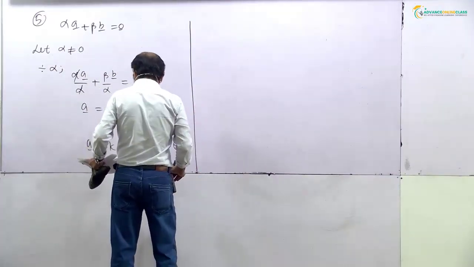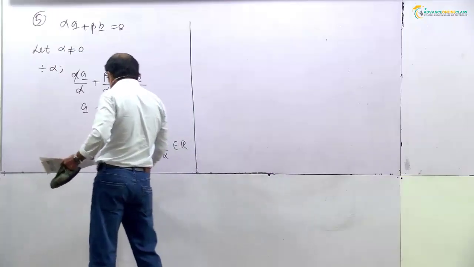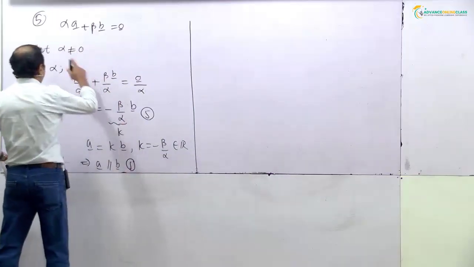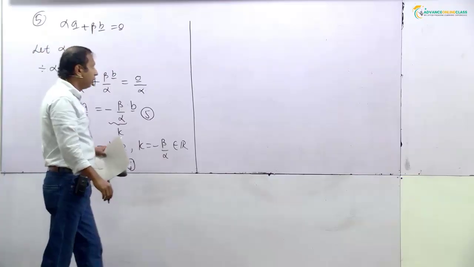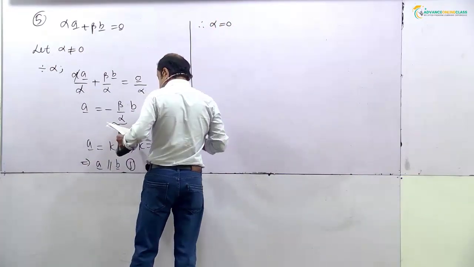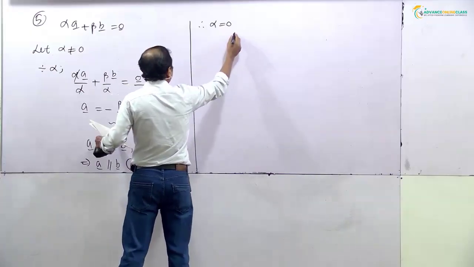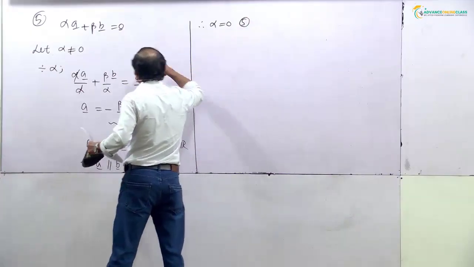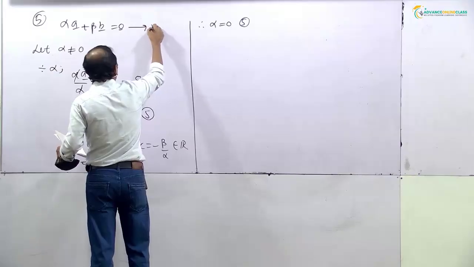This is impossible, meaning alpha not equal 0 is impossible. Therefore, alpha equals 0. Right. For this, 5 marks. Take this relation as star.